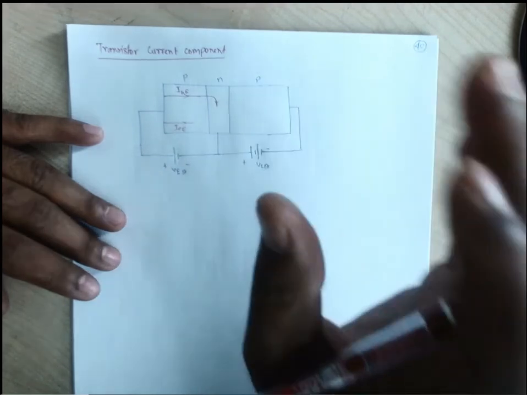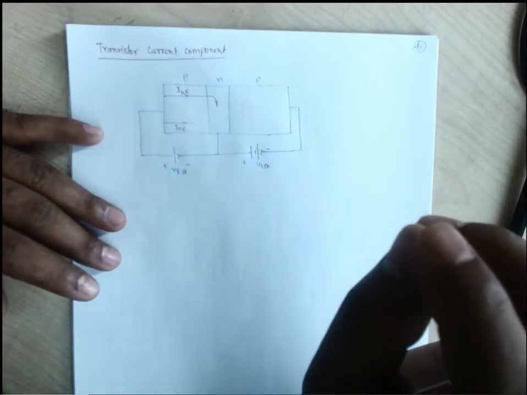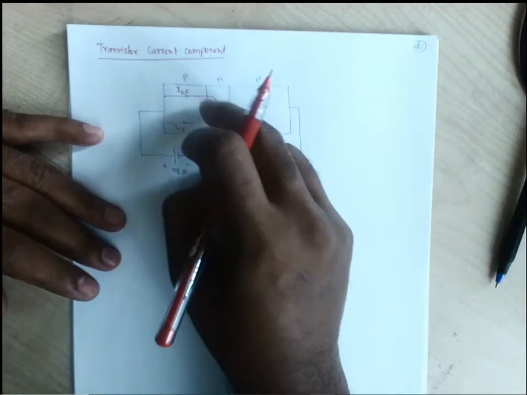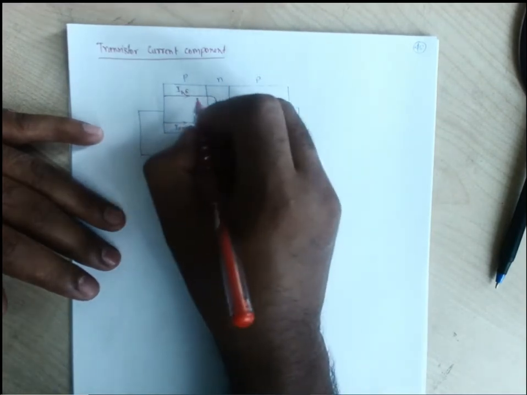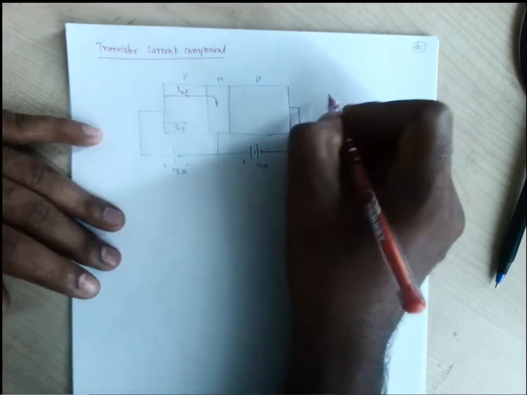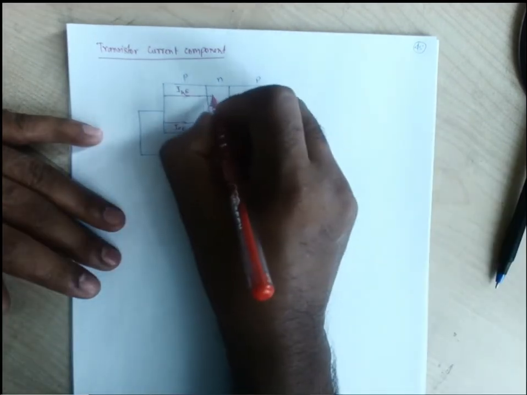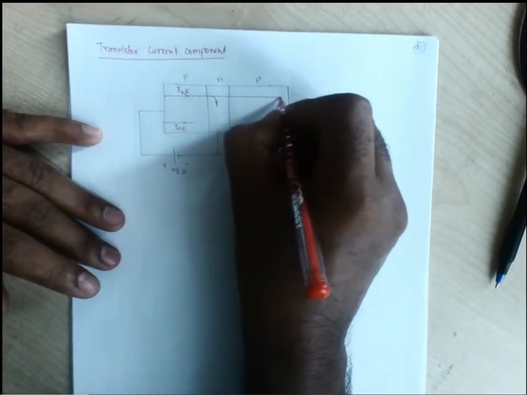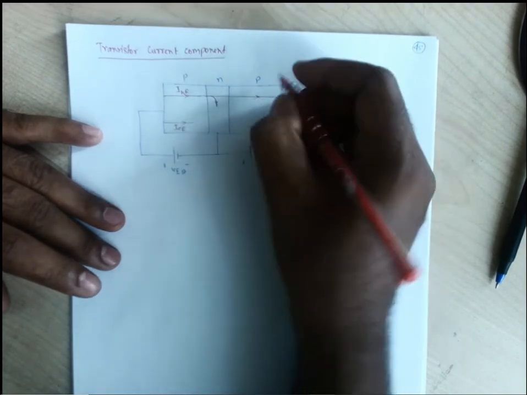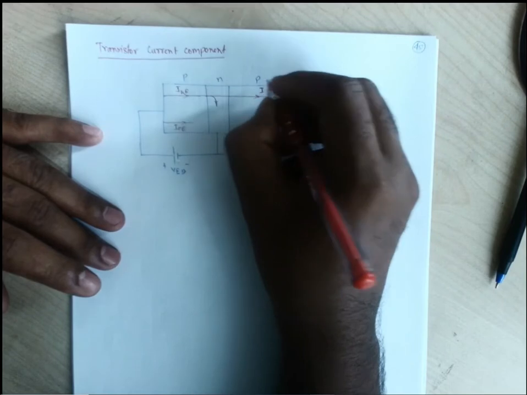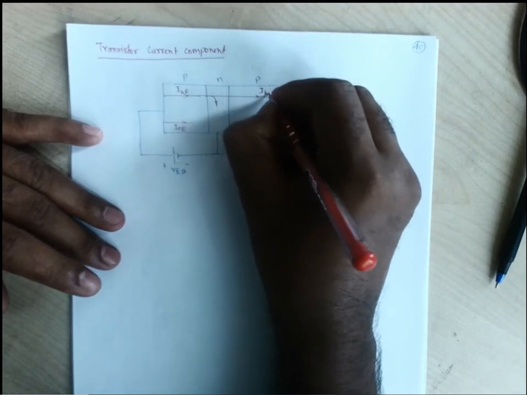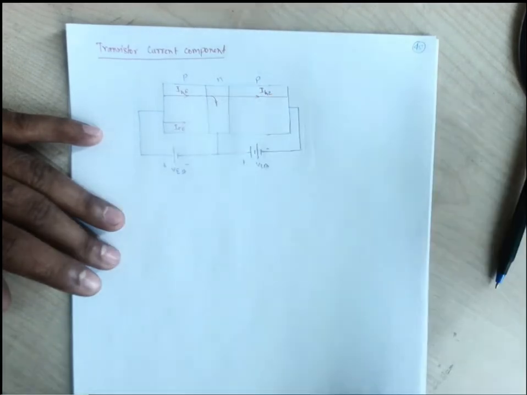Only a minimal amount of recombination will take place because the electrons are quite few in the base region, but the maximum of the holes will move forward and reach the collector region. That will form the collector current.